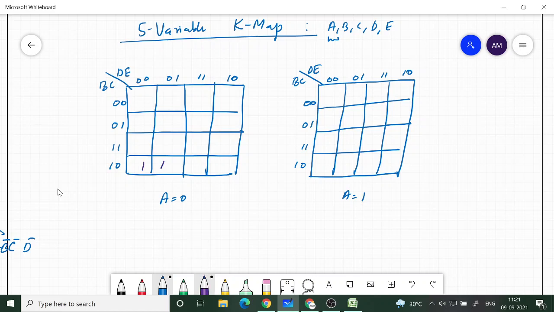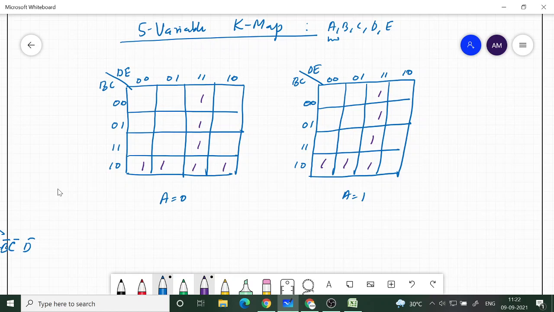So I am going to put 1 here, 1 here, 1 here, and so on. Let's say that these are the cases.